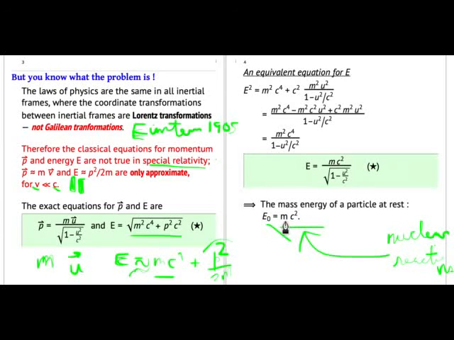Because the amount of energy here is really large. Because c is so large. Remember, c is 3 times 10 to the 8th meters per second. So if you take a kilogram times 3 times 10 to the 8th meters per second squared, that's 300 million joules.